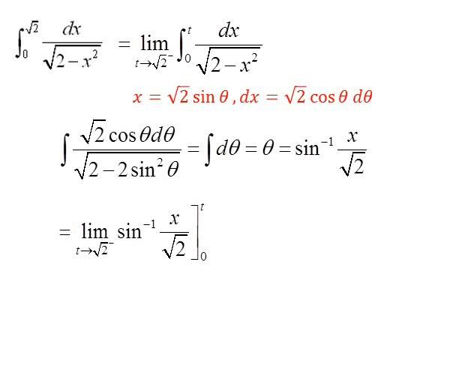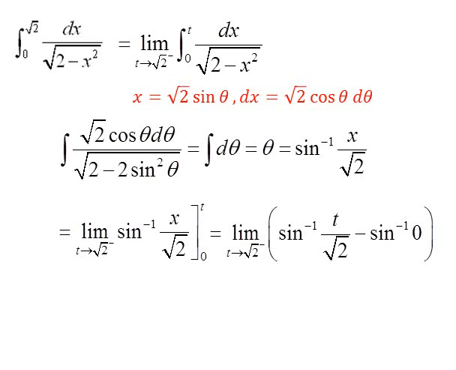So I need to find the limit as t approaches the square root of 2 from below of the inverse sine of x over the square root of 2 evaluated from 0 to t. Plug in t and 0 for x, then plug in root 2 for t, and I find that this limit is pi over 2.